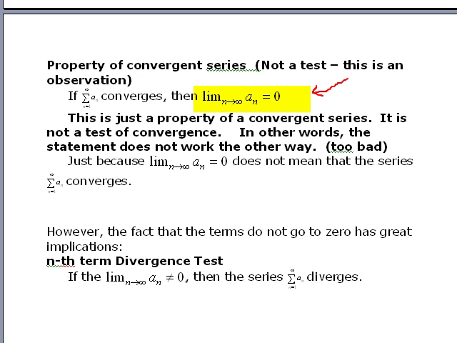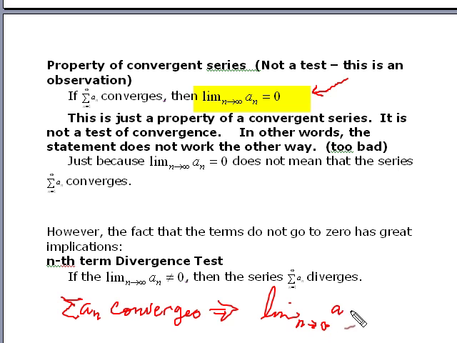So what we have here is a situation like this: a_n converges implies that the limit as n goes to infinity of the terms a_n is 0. That arrow only points in this direction. It does not point this way, because the terms go to 0 does not imply that the series converges.